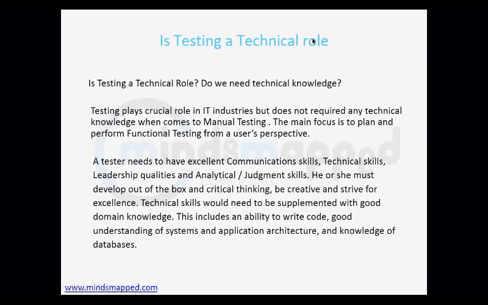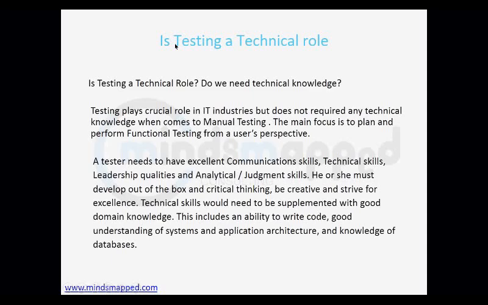Yes, Pooja. But I have a question. Sure. You said that for manual you don't need any technical knowledge, and for automation you do. If in automation we find a bug, does the tester fix the bug, or will the developer do it?